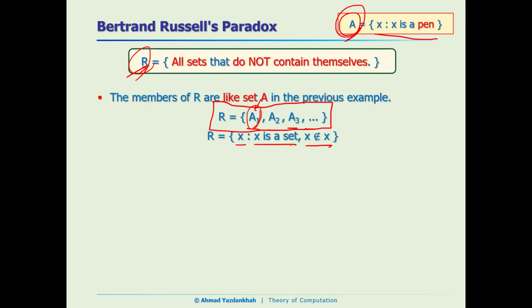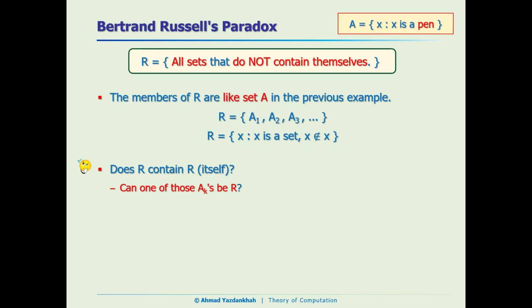Now that we have a clear understanding of what set it is, the important question: does R contain itself? What does it mean? It means, can one of these members be R? So can I put R here? R contains itself?